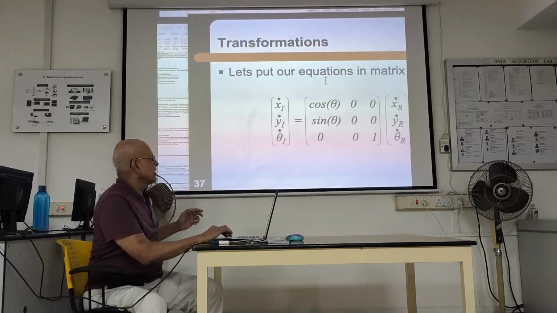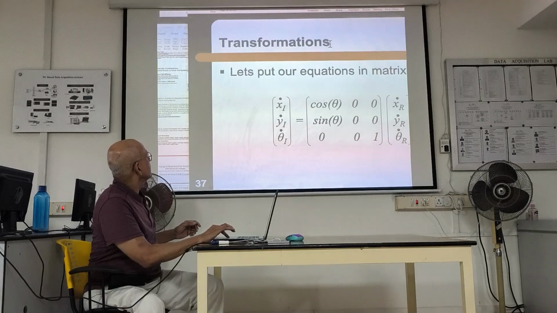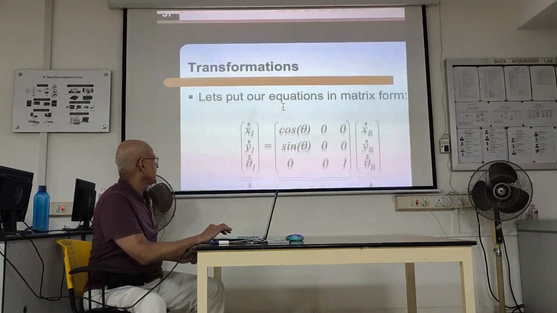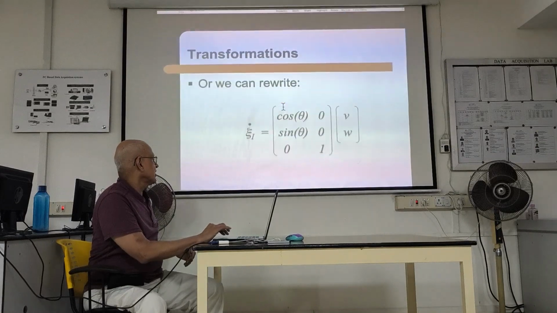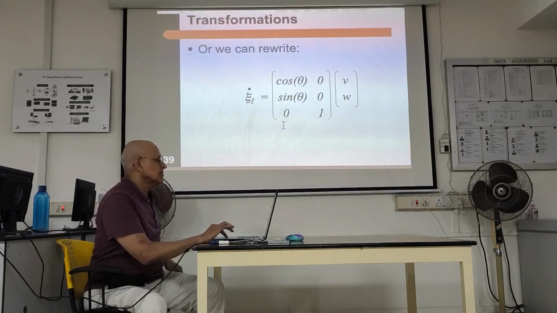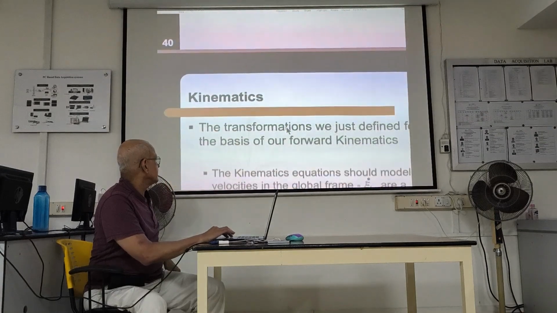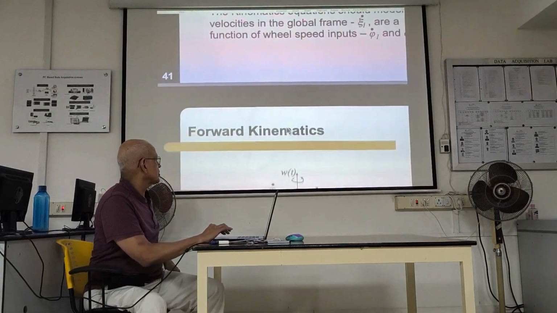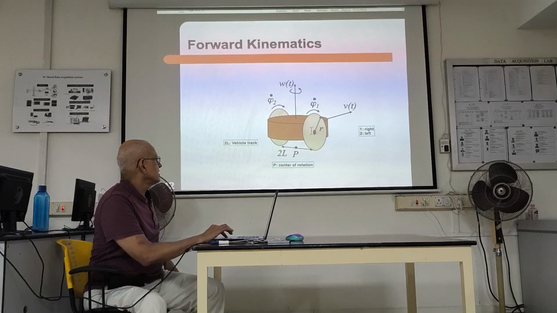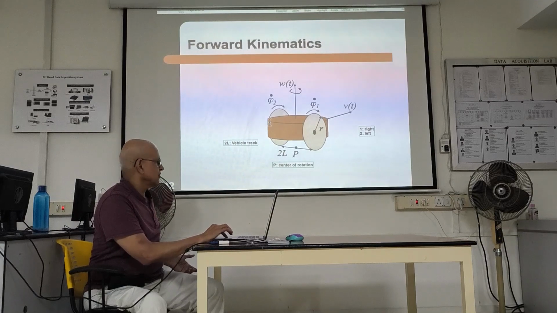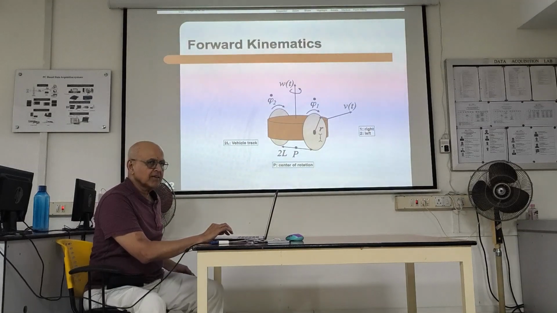His derivation is, I don't like it, that's why I did my own. If you like it, you can follow it. But we're just going to focus on some 2 or 3 programs, so we don't really care about the derivation. But I got a sense you understood what's going on. So essentially, we showed that V is the average of the 2 velocities of the wheels, and this is where the motors are.